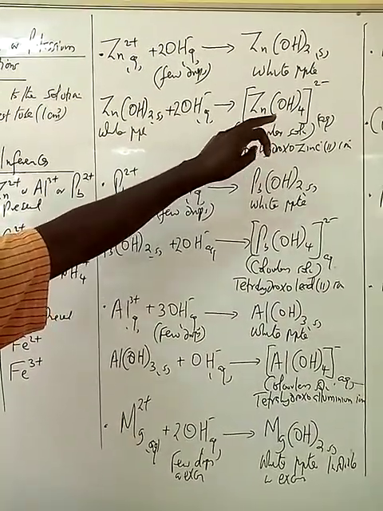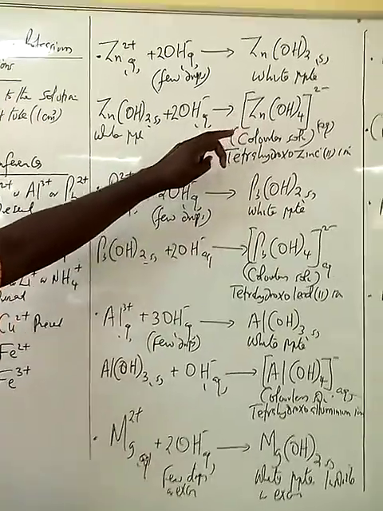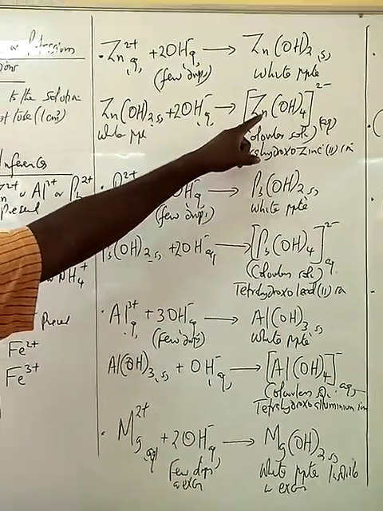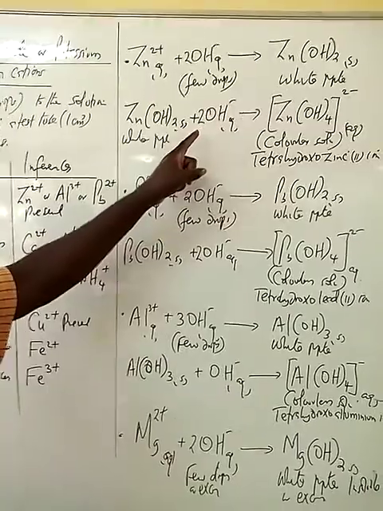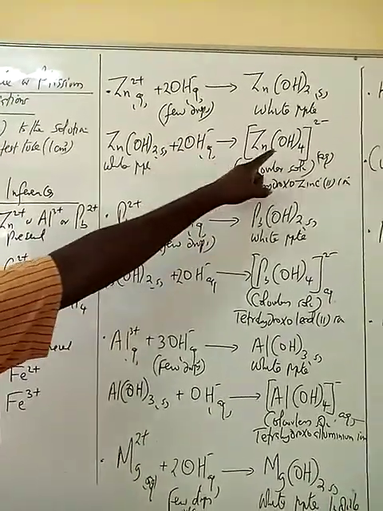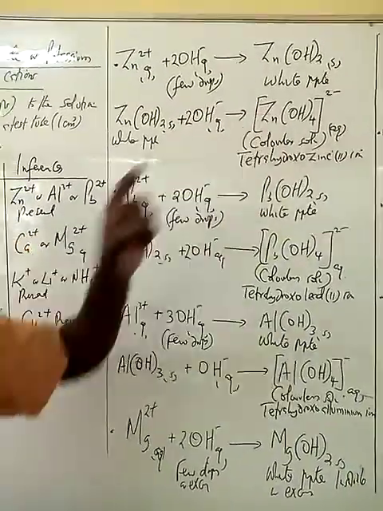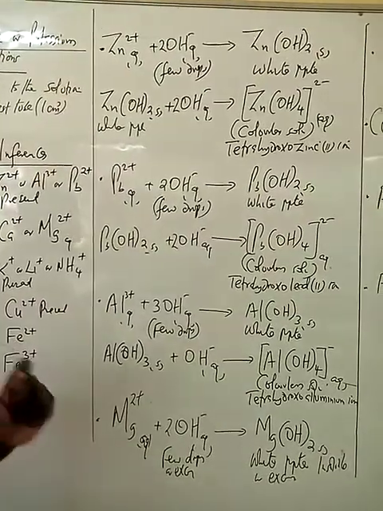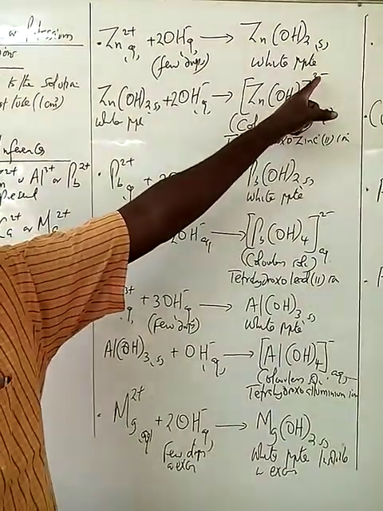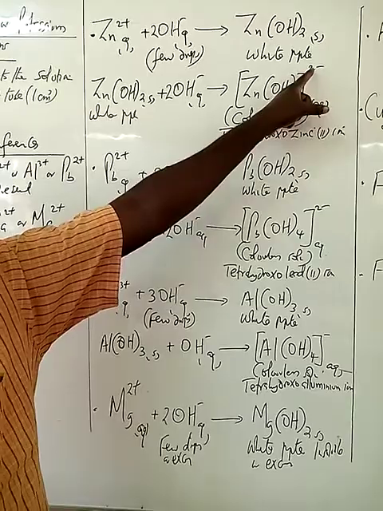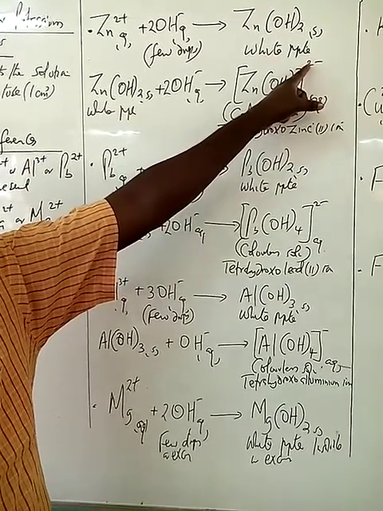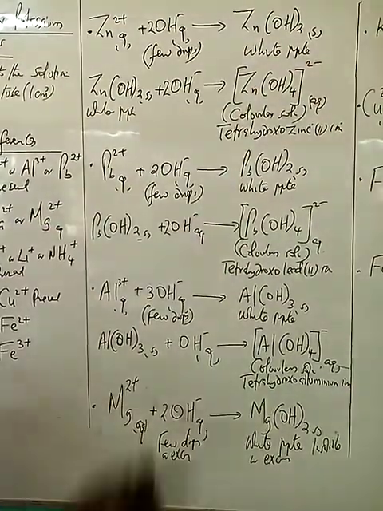You know, in our previous lesson, we talked about a cation being formed with excess ammonia. But in this one, it is tetrahydroxo. Look at the formula for tetrahydroxo. It is an ion which is negatively charged, with a negative charge of 2.